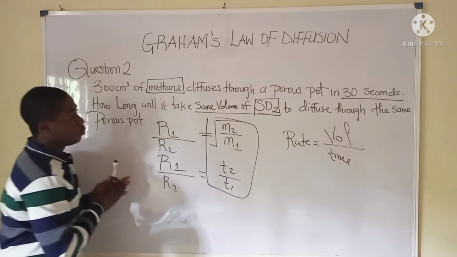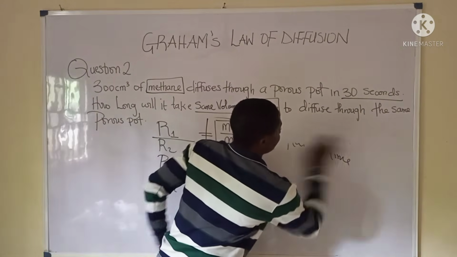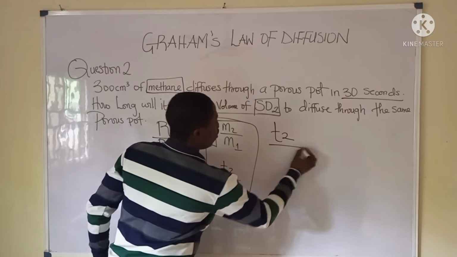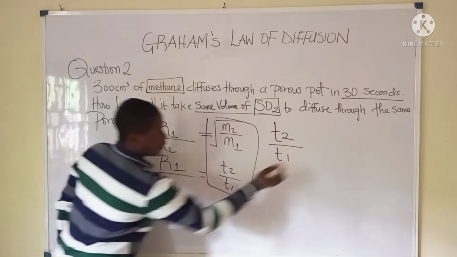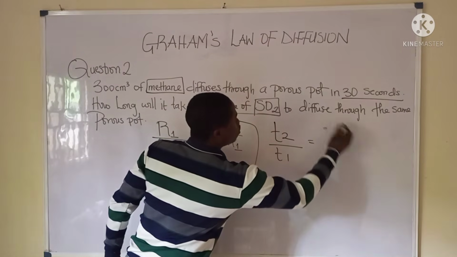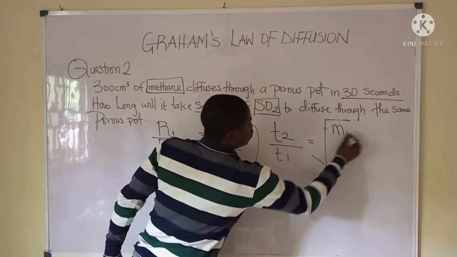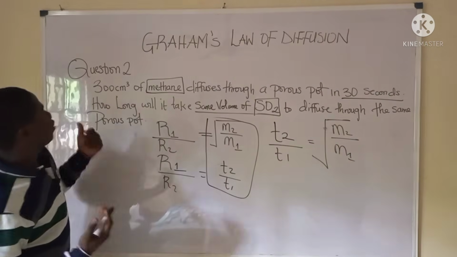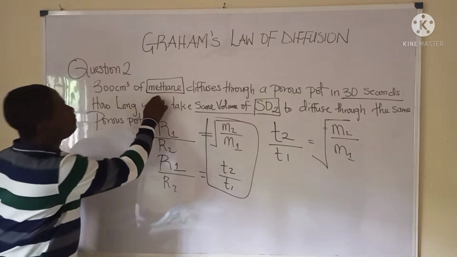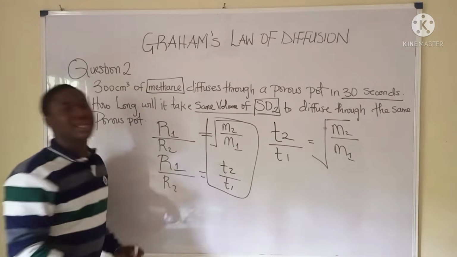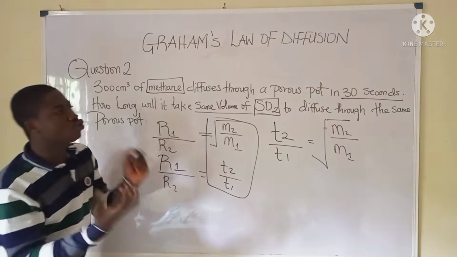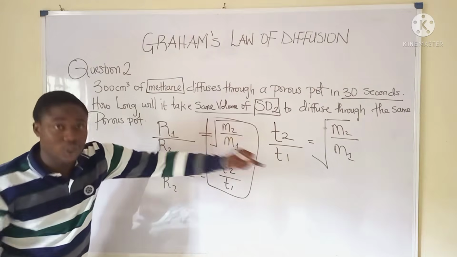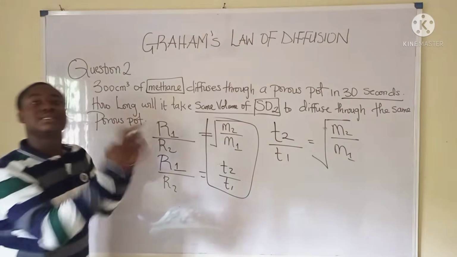Now, let's bring out the formula. Now, it's simply T2 over T1 equals root of M2 over M1. Now, the question says 300 cm³ of methane. Methane is the first gas mentioned that diffuses through a porous spot in 30 seconds, which is the first time for this question. The first time, because it's for methane, which is the first gas mentioned.